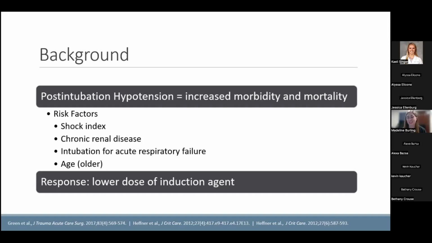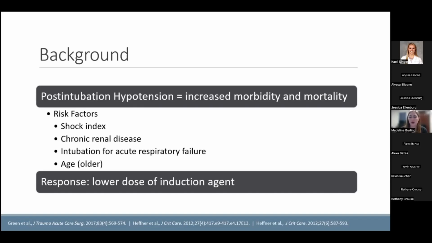These are things that can increase the risk of post-intubation hypotension. There's a natural response by many clinicians that says, okay, then we need to decrease our dose of induction agent, as well as post-intubation sedation and things like that.